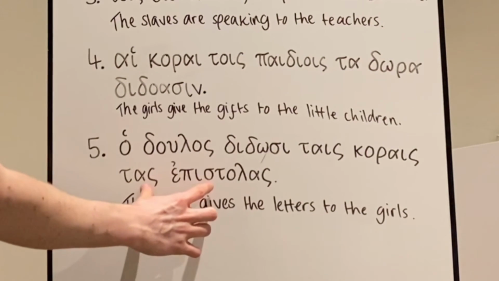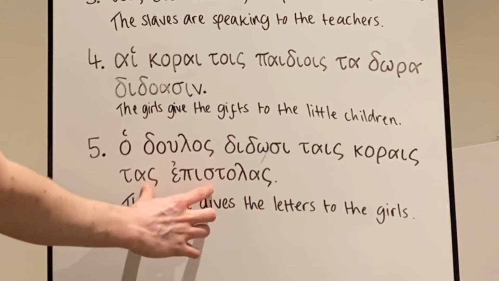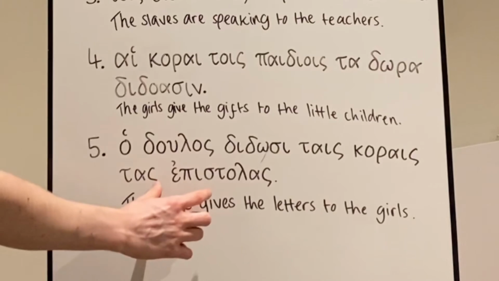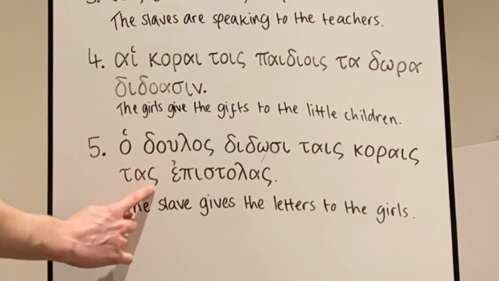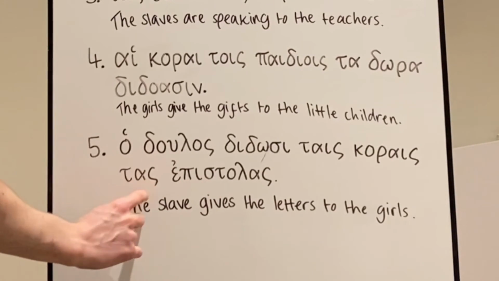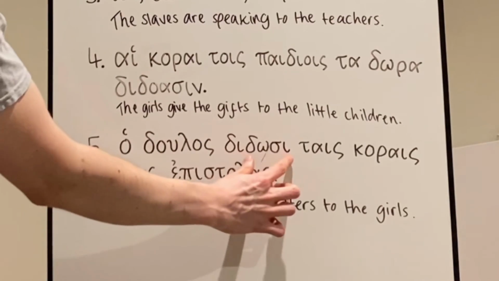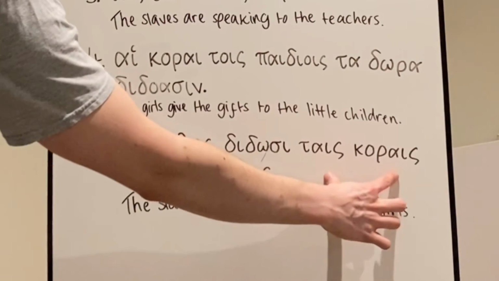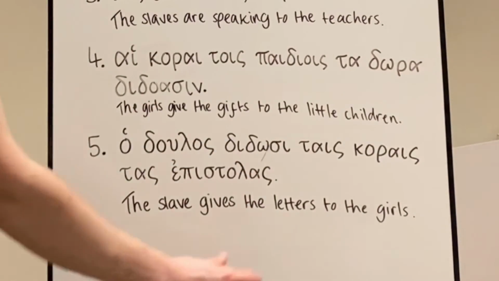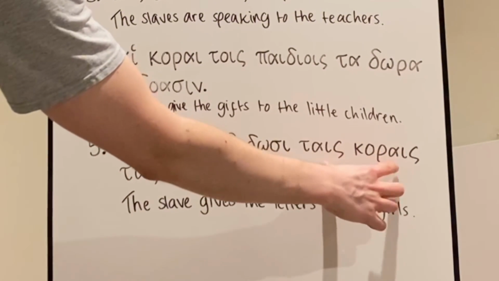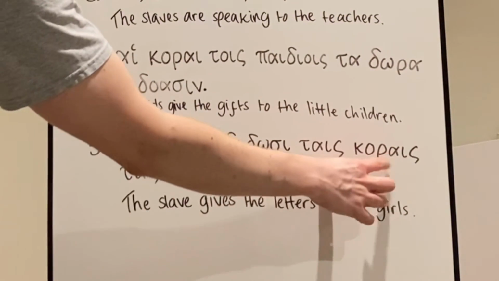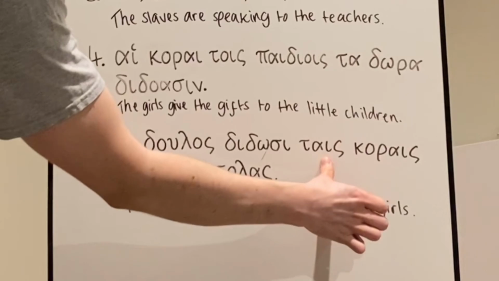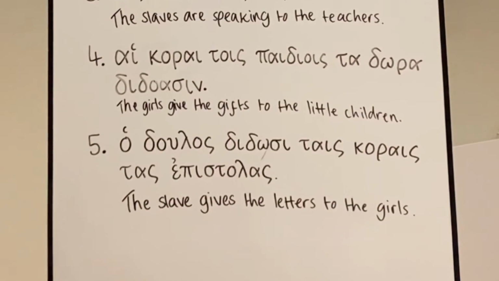But then after that, we've got the direct object in the accusative, tas epistolas. We know it's accusative plural from the feminine accusative plural definite article. And so it's the slave gives the letters to the girls. We knew this was to the girls since it's in the dative. We knew that this was in the dative because of the feminine dative plural definite article.